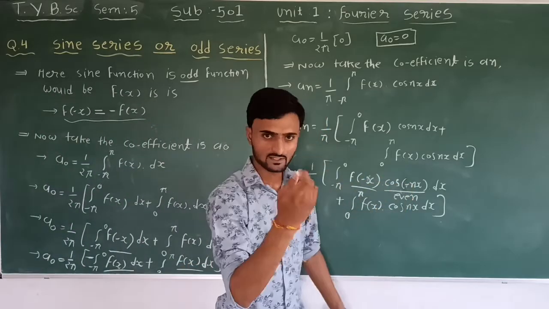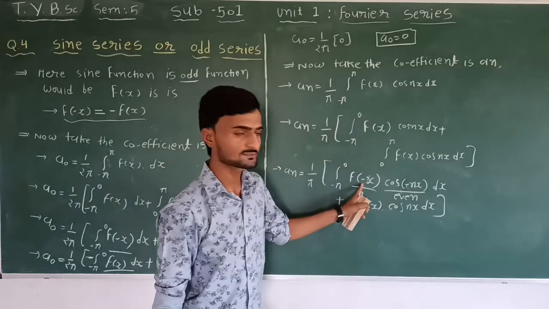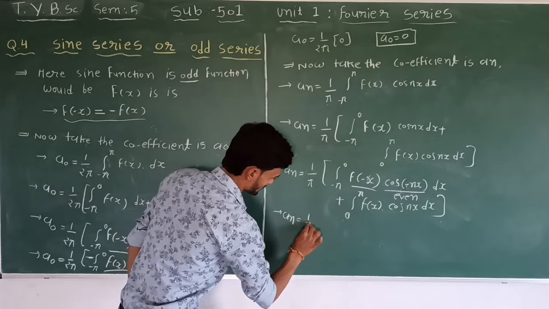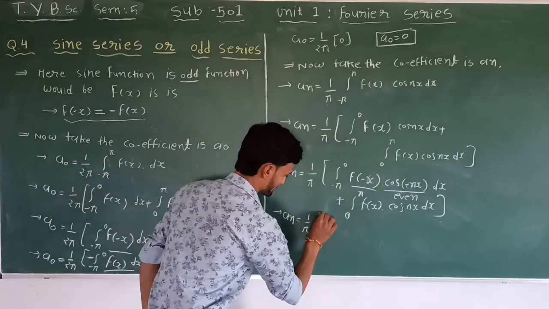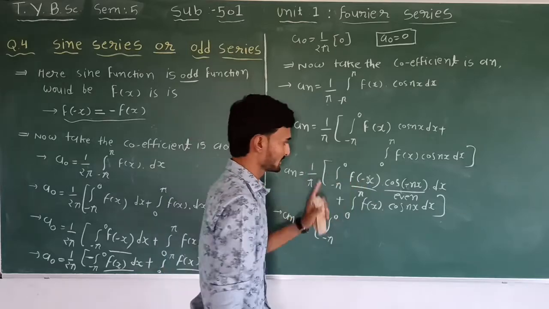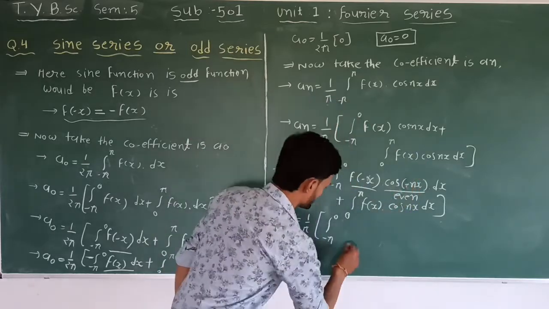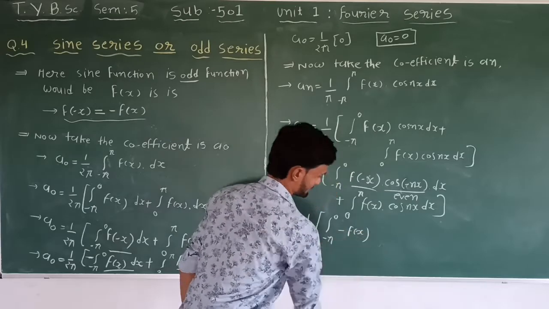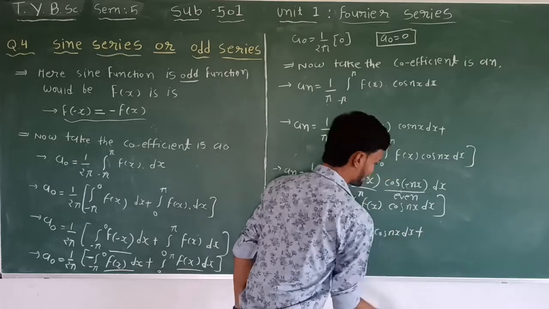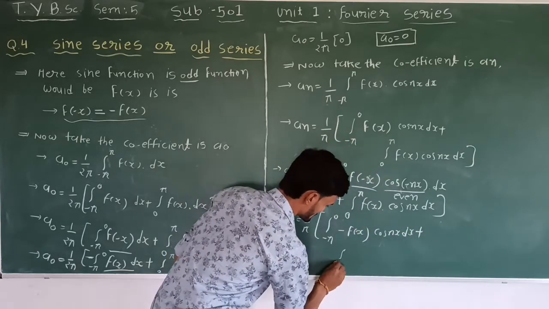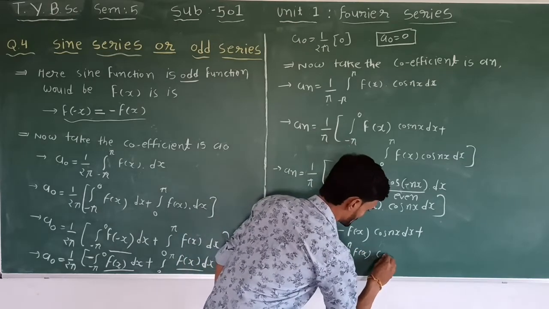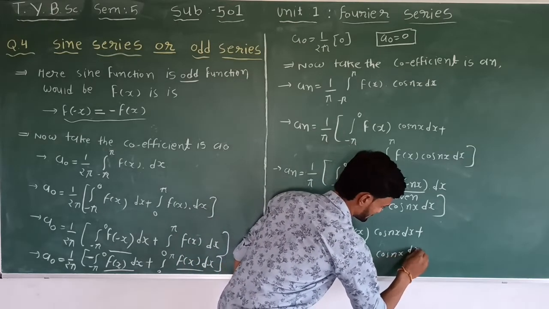So the minus sign cancels and the other minus sign is removed. So minus f of x into cos nx dx plus the integral from 0 to pi of f of x into cos nx dx.